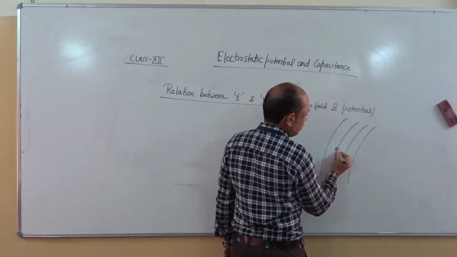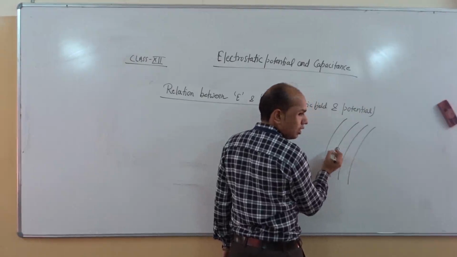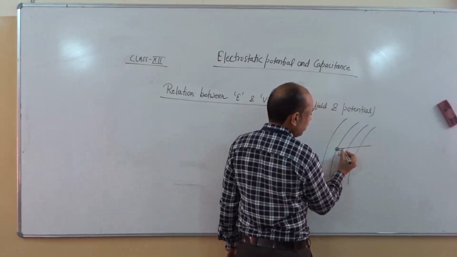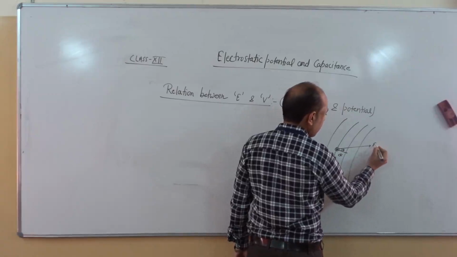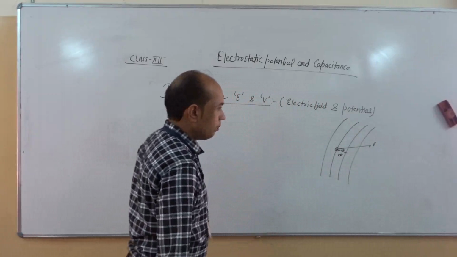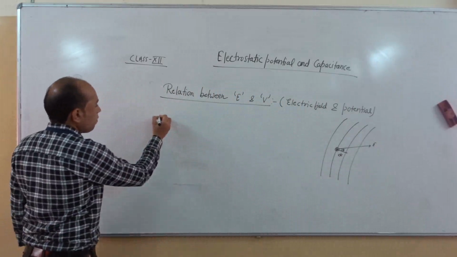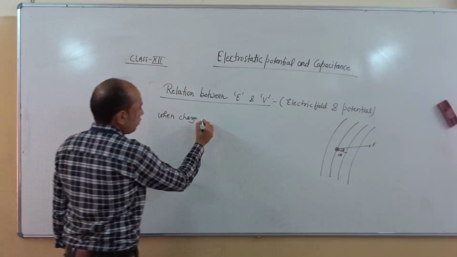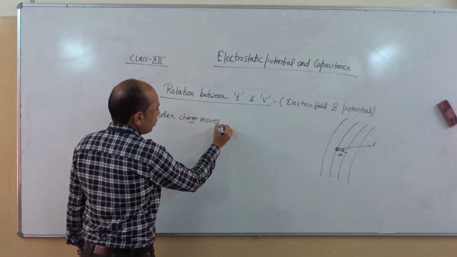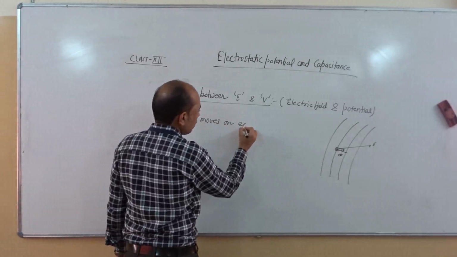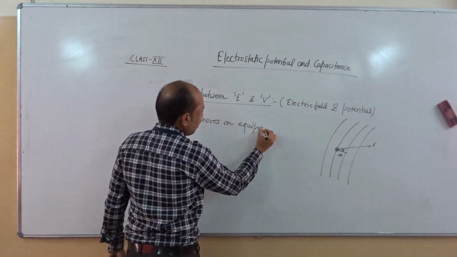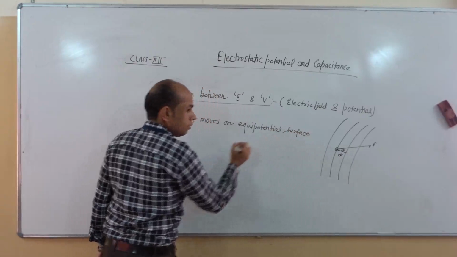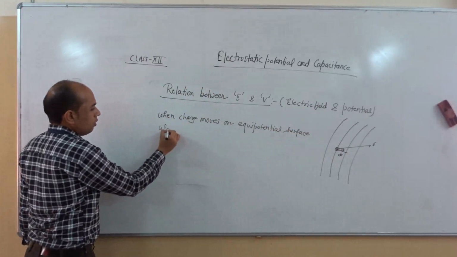One test charge is placed, and this test charge is displaced through a distance ds and it makes an angle of theta. Okay. Now the work done.